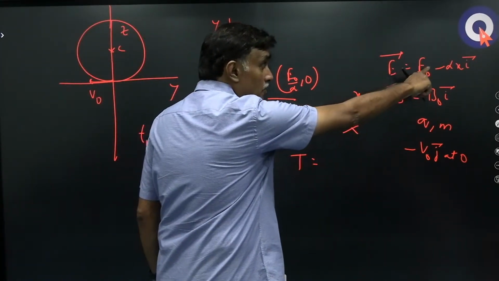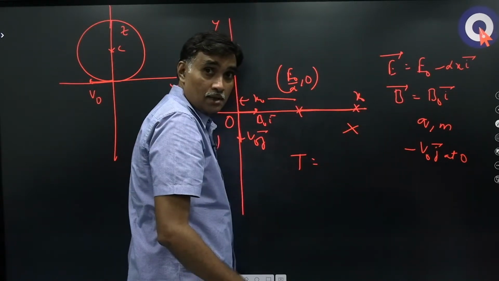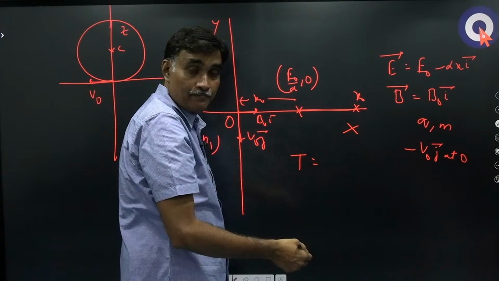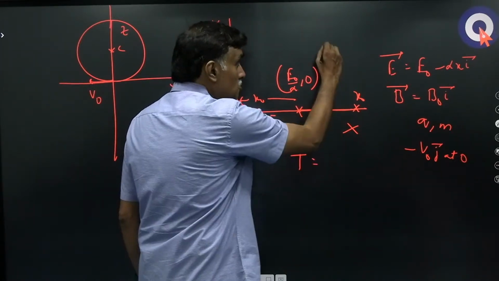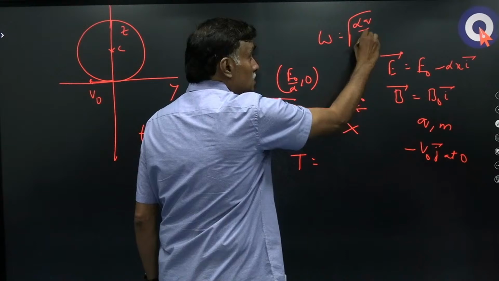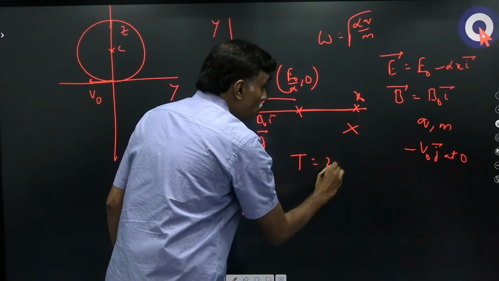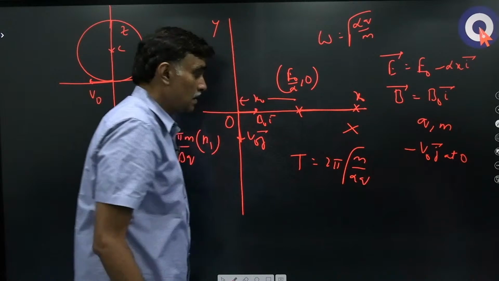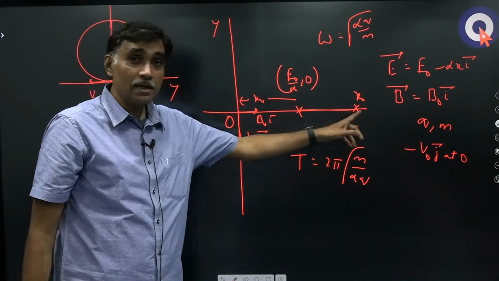The force is E naught q minus alpha q x. Omega is root of alpha q by m, the angular frequency of oscillation. The time period is 2 pi root m by alpha q, that is the time period because of SHM.